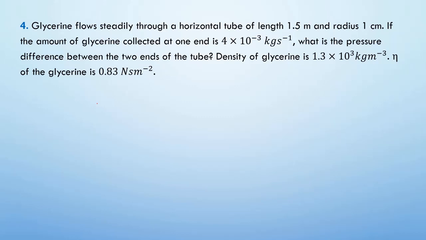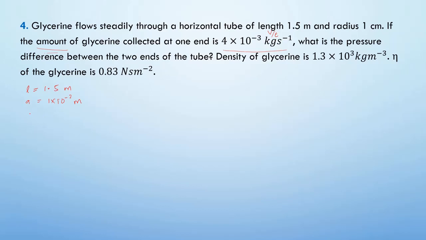It's pretty easy. L is given. This problem is direct. We have a radius given. a is 1 centimeter, 10 to the power negative 2 meter. Then it is given the amount of glycerin collected at the end is 4 into 10 to the power negative 3 kilogram per second. So this is not indicating the volume, it is indicating volume per time, because the unit is kilogram per second.